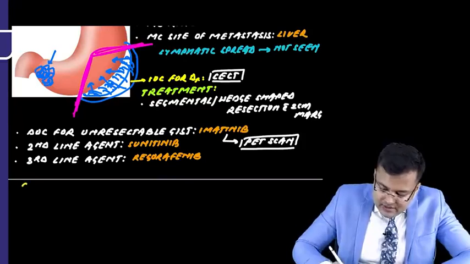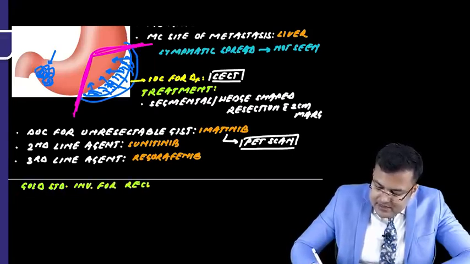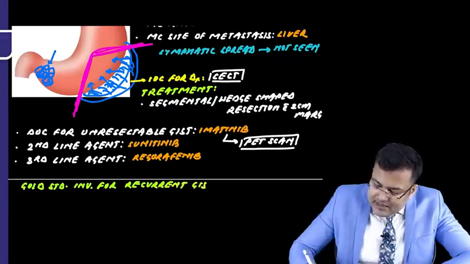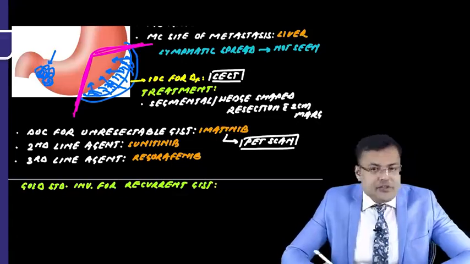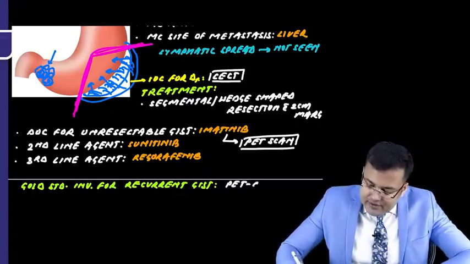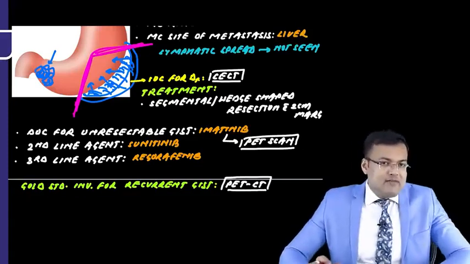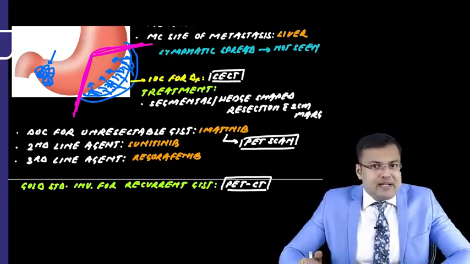Gold standard investigation for recurrent GIST, we perform PET CT. You know that the investigation of choice for diagnosis is CECT, and for majority of recurrence, we do PET scan. So the gold standard investigation for recurrent GIST is PET CT.